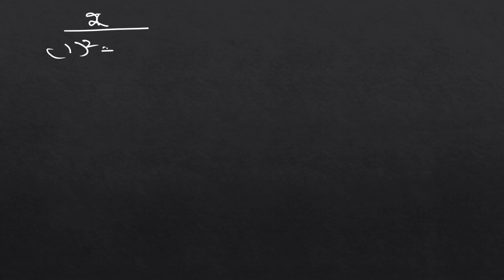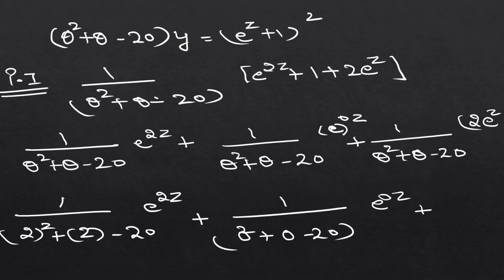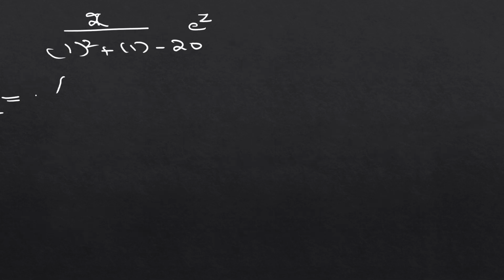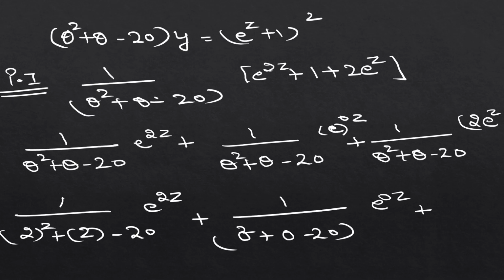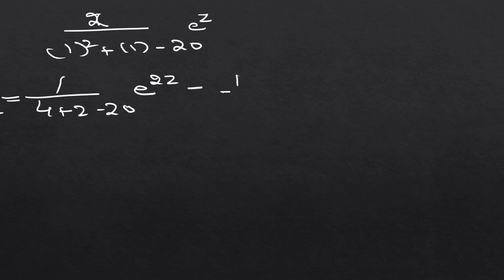It means 1 square plus 1 minus 20 e raised to power z. So if I want to simplify this equation, it may be 1 by 4 plus 2 minus 20 e raised to power 2z minus, again here is minus 20, so 1 by 20 e raised to power 0z.